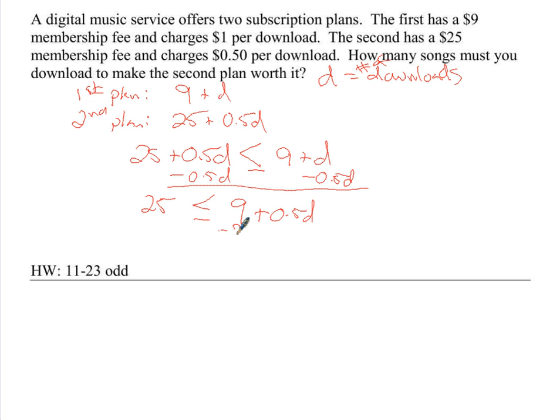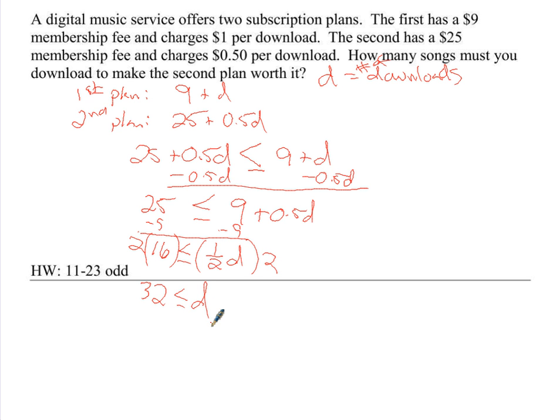Okay, now we're going to subtract 9 from both sides, and this becomes 25 minus 9, 16, less than or equal to 1/2 D. The reason I'm switching it to 1/2 is because now I can clearly see that if I multiply by 2, I can get rid of that 1/2. And that becomes 32 is less than or equal to D.